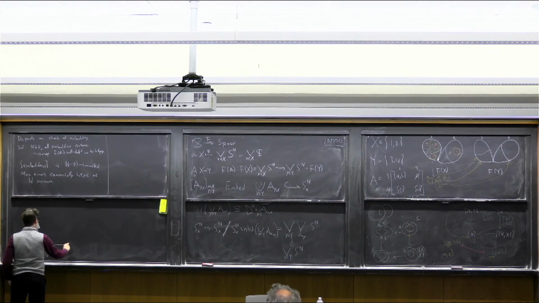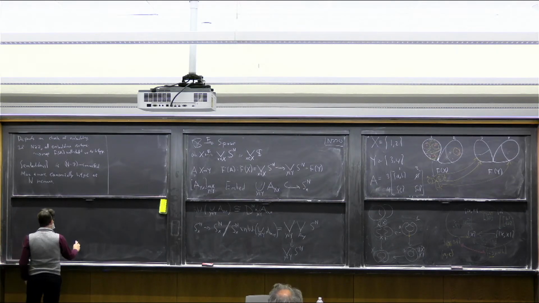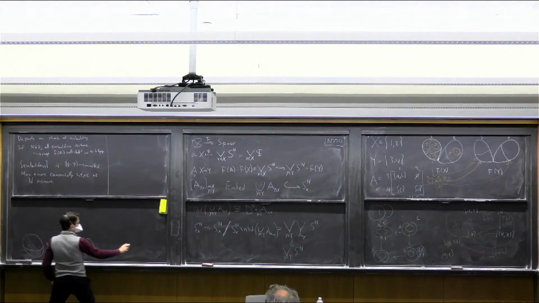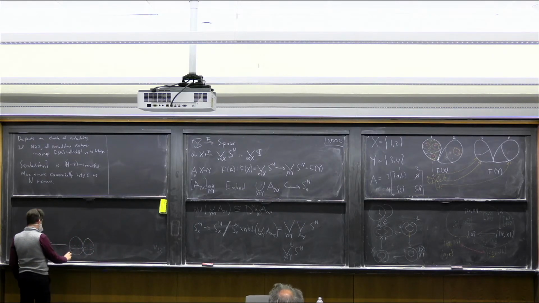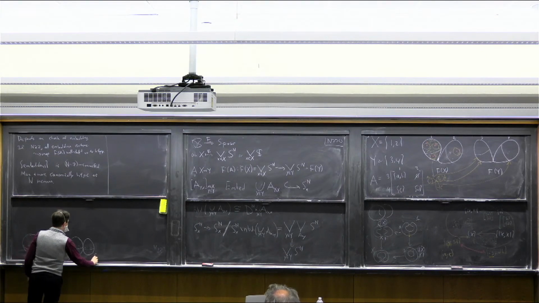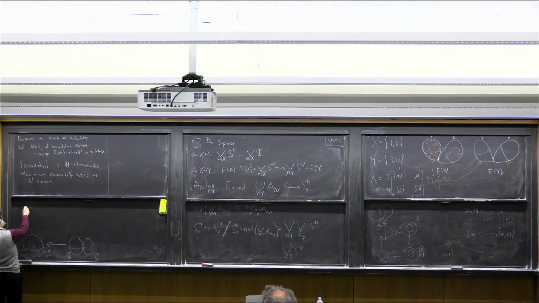Here, I had two spheres. Of course, I'm drawing n equals 2 because that's what I'm good-ish at drawing. So here's Sn1x and Snx1. And here I've got two spheres again.